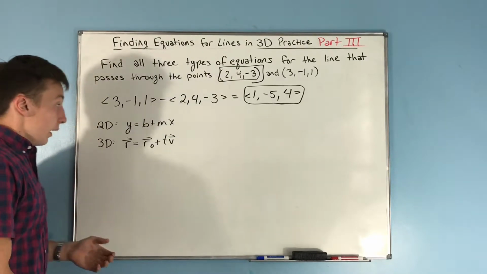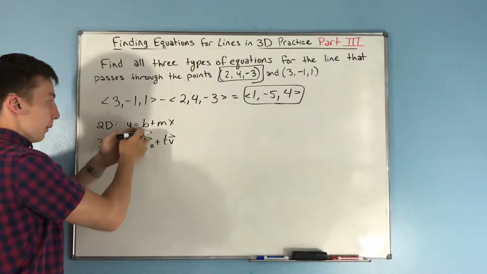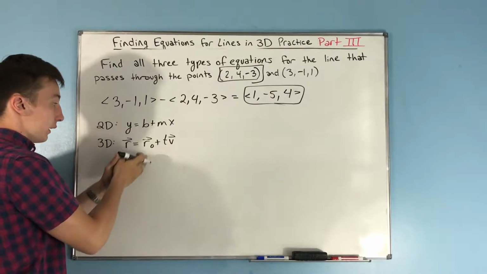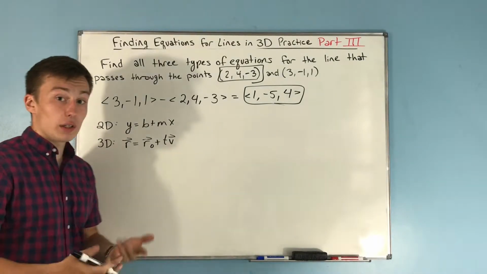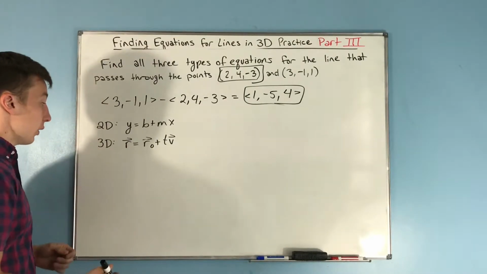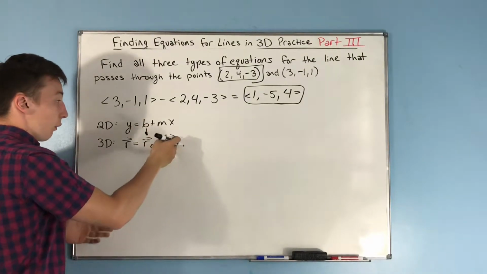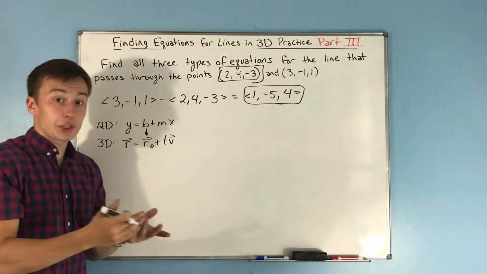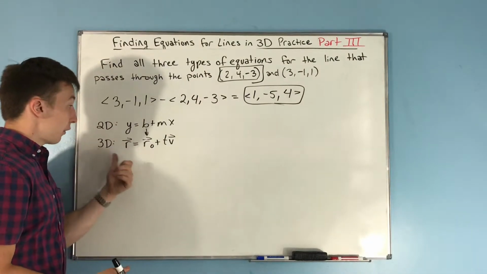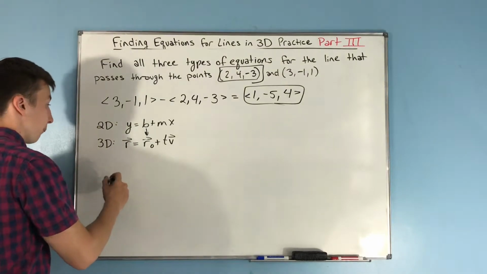You can see that when we plug in our initial point, we get b in 2 dimensions, and the point that we know is r naught in our 3D equation. The slope m in 2D is the direction of the line, and in 3D the direction of the line is vector v.